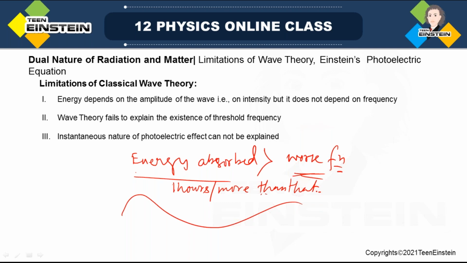If electrons have to absorb energy from the wave and then be emitted from the metal surface, the sufficient amount of energy for an electron from the wave to overcome the work function will be very, very large, like more than hours sometimes.